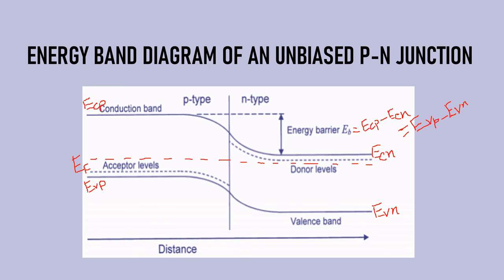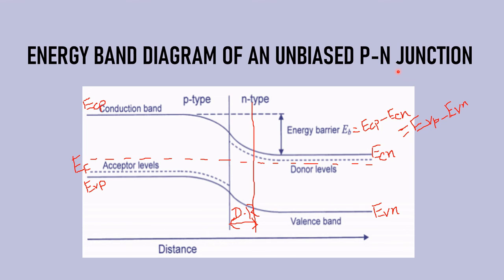And what is the depletion region, where is it created? Here we saw the depletion region. This region is called the depletion region or space charge region. So this is the basic energy band diagram of an unbiased PN junction diode.